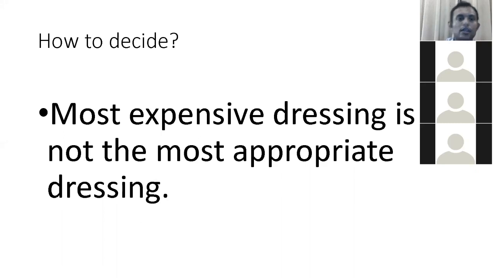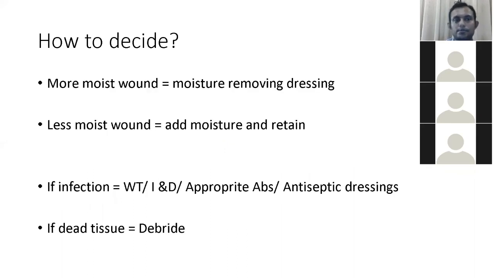So the most expensive dressing is not the most appropriate dressing. Another principle is, if the wound is more moist, you have to use a moisture removing dressing. If it is less moist, add moisture and retain.